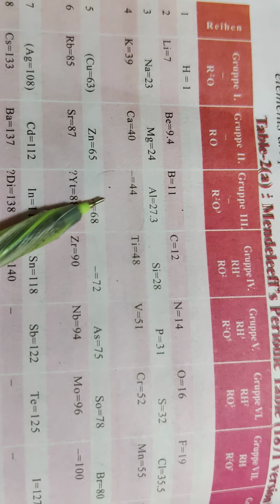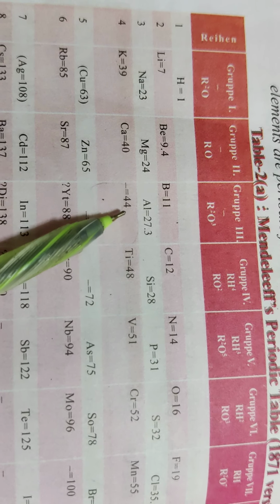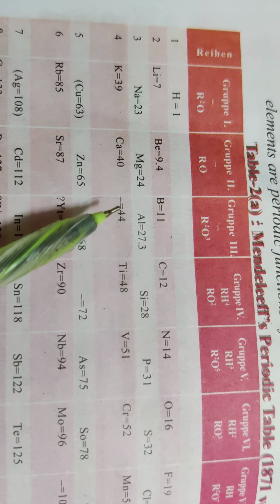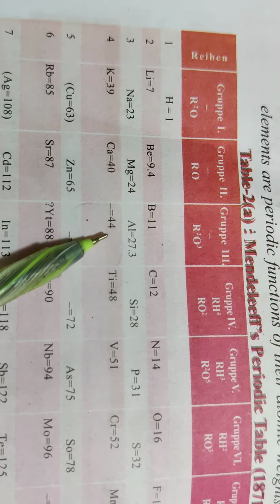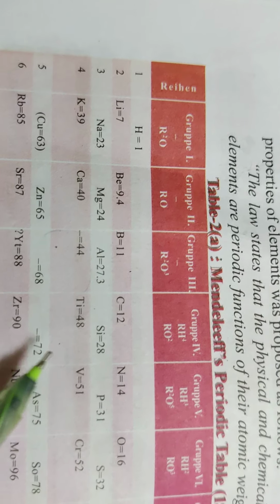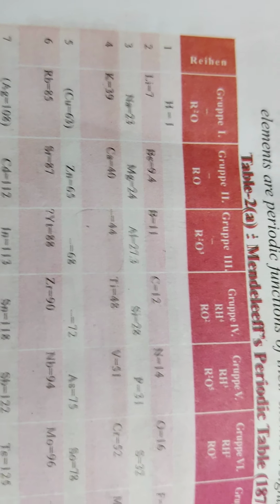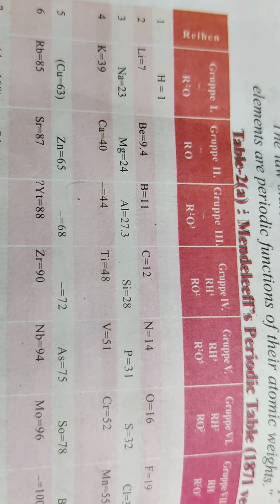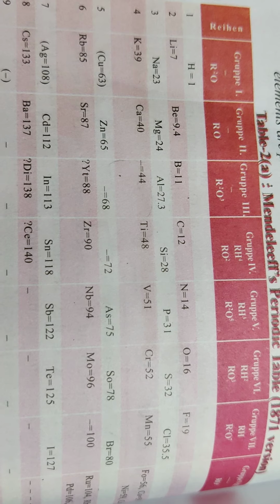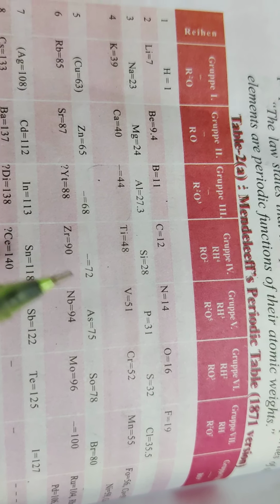Even so, he predicted that the newly discovered element's atomic weight must be 44, and he gave place for those new elements. Actually, at that time those elements were not discovered, yet he predicted them and left the gaps in the table. So this is a wonderful point in his classification.